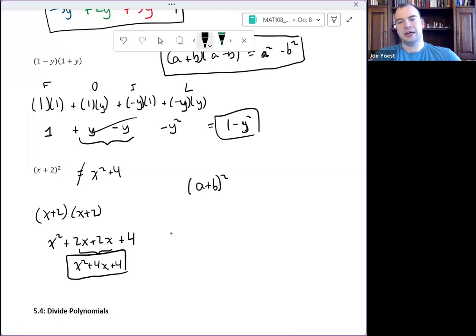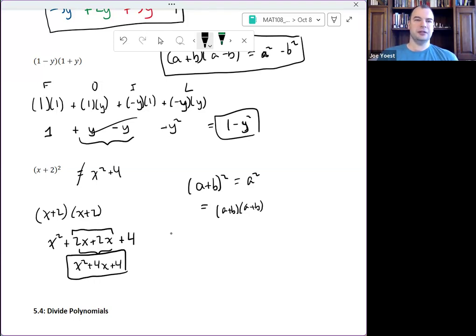but I might see that if I have a plus b all squared, that's a plus b times a plus b. My firsts give me a squared. My outers are plus ab, but my inners are exactly the same, plus ab.